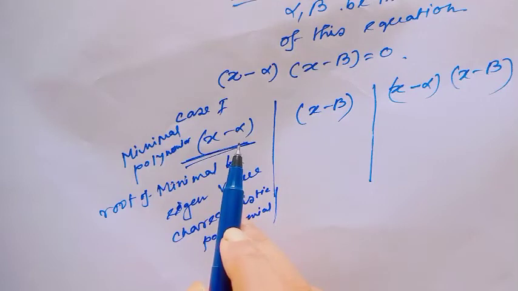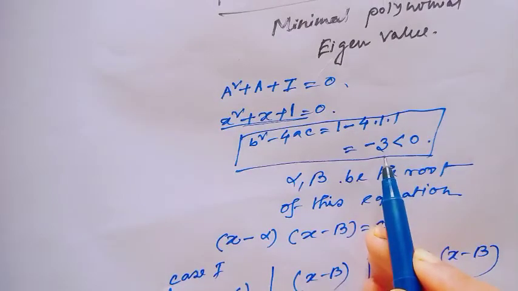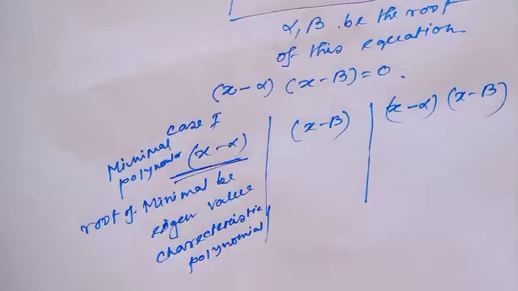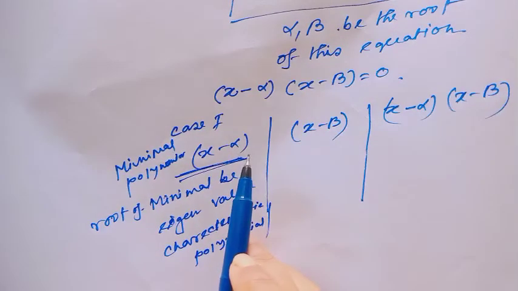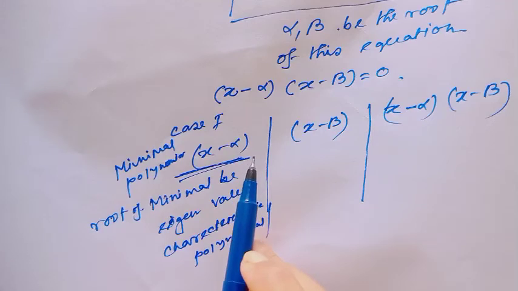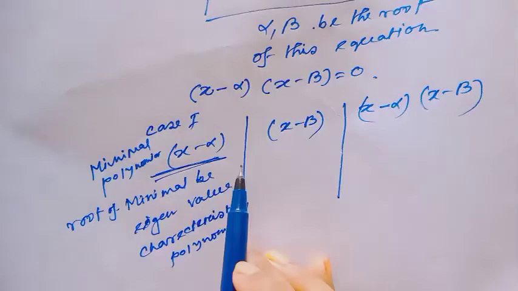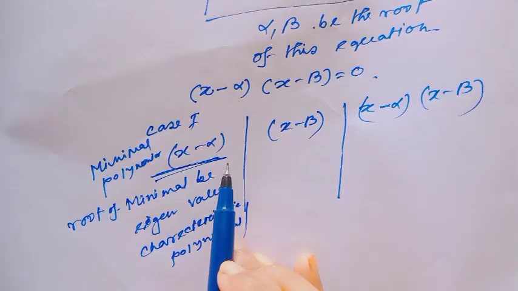But since alpha is a complex root, since here b square minus 4ac is less than 0, if alpha is a root, then obviously its conjugate is also a root. But here from this factor we can tell there is only one root.